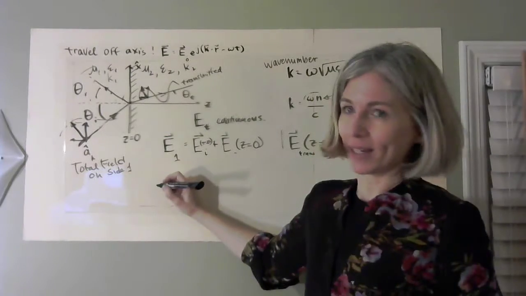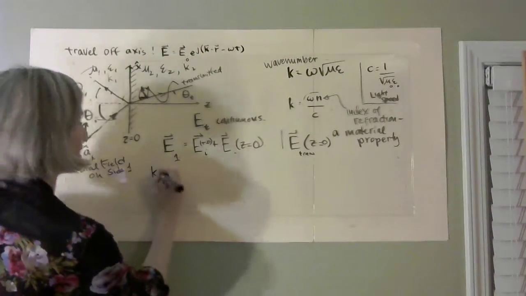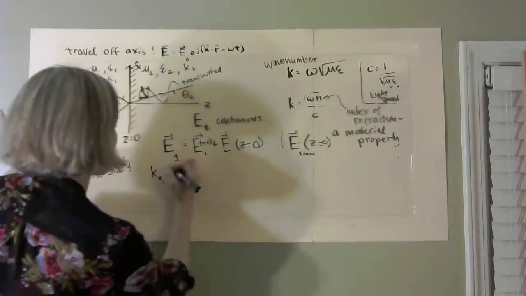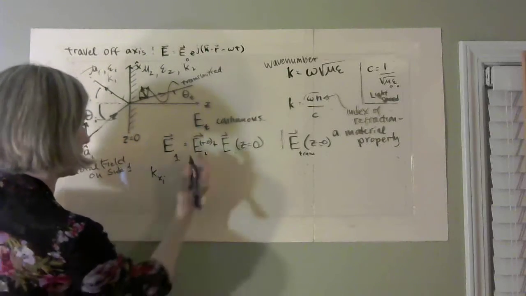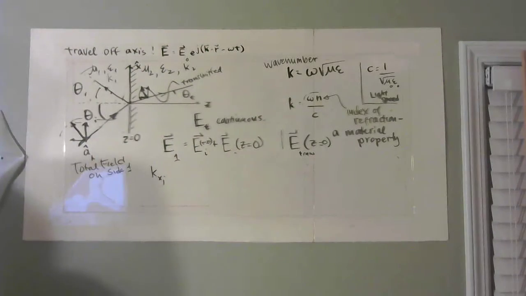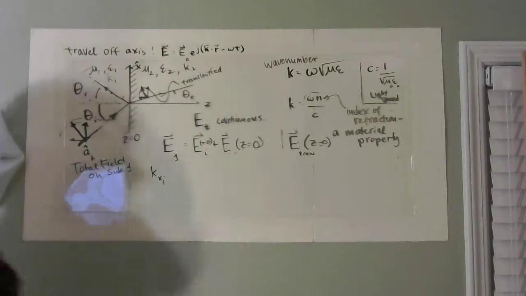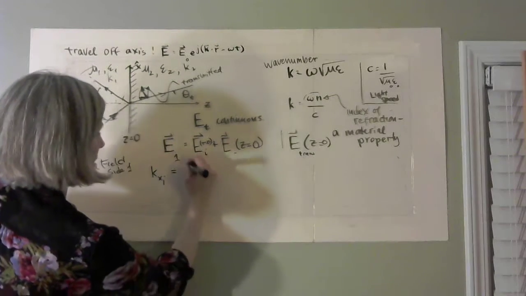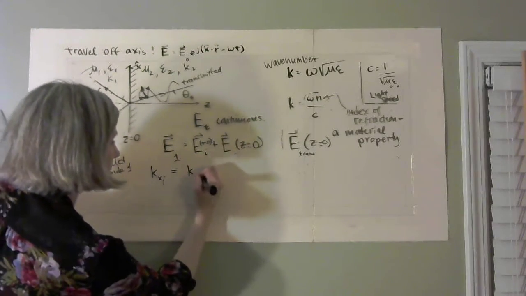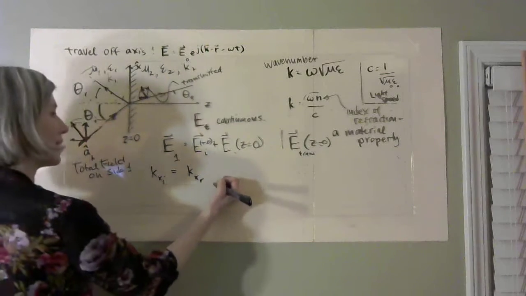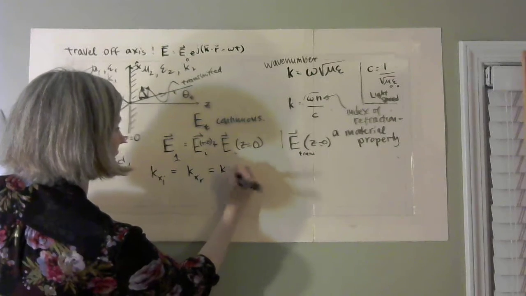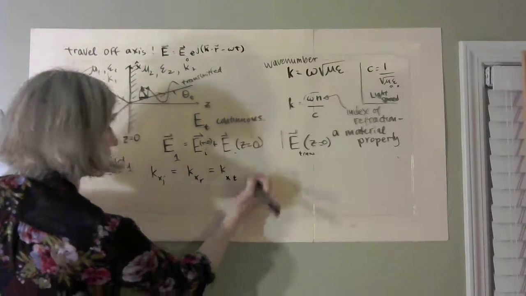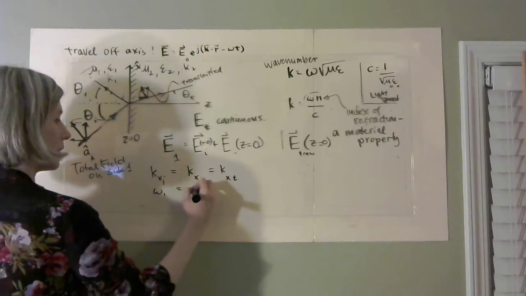From that, we get k sub x incident in material 1 equals k sub x reflected equals k sub x transmitted.